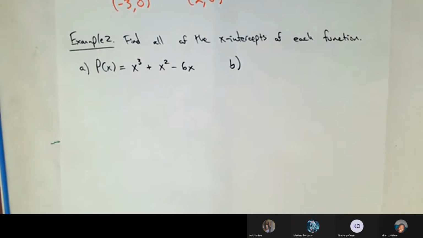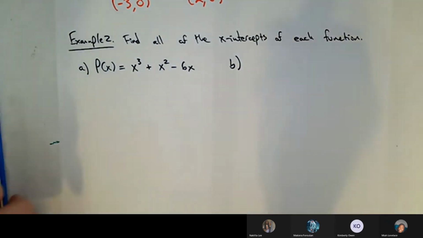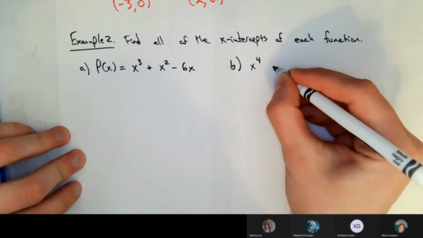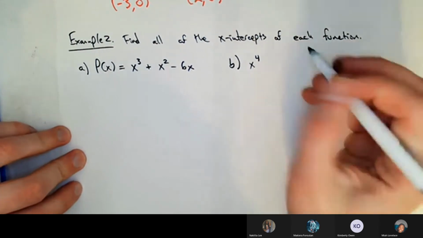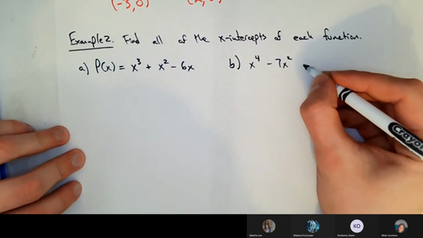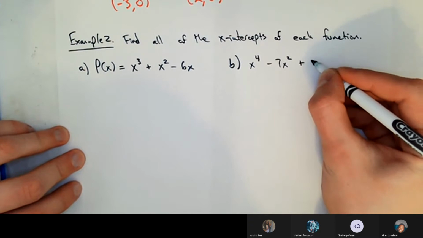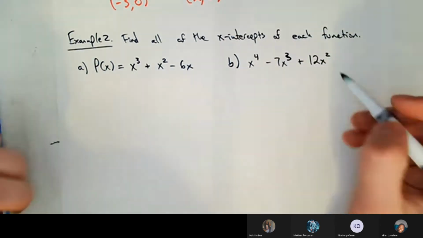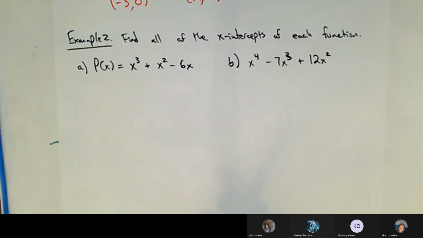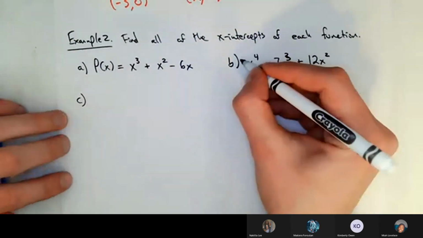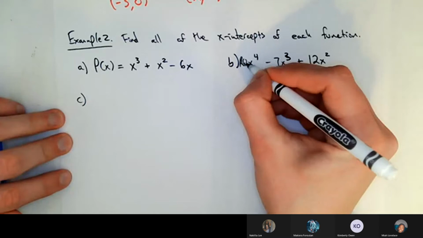And then, let's say x to the 4th minus 7x squared. Oops, I meant to make that cubed. 7x cubed plus 12x squared. And, oh God, I didn't even name it. This is r of x.